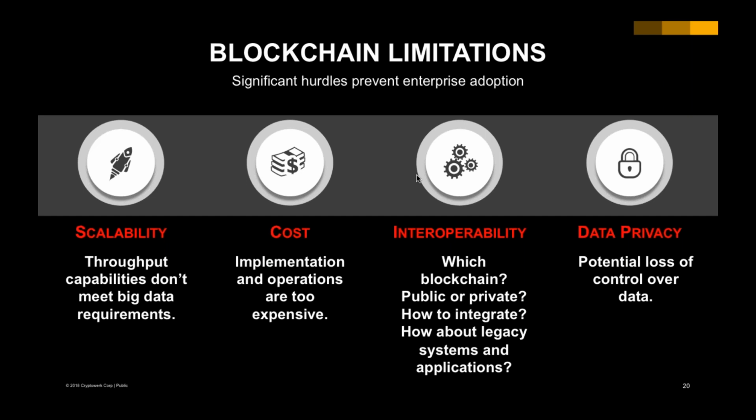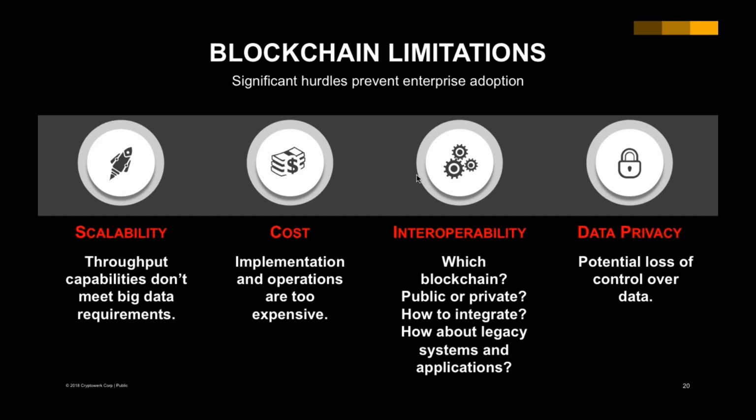That's not much, and it doesn't work for any serious enterprise use case. Ethereum can probably do a little bit more, but not more than 10 right now. And then there's cost. If you have a public blockchain, people have to pay for the transactions, and there's a bidding process that can go all the way up to $60 per transaction. That's completely not viable for enterprise applications.